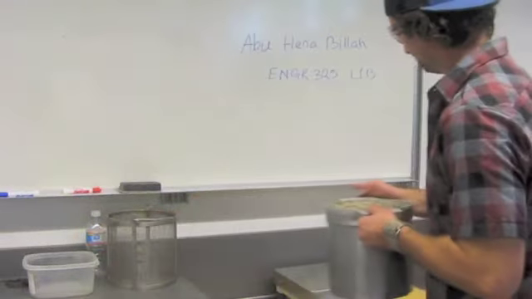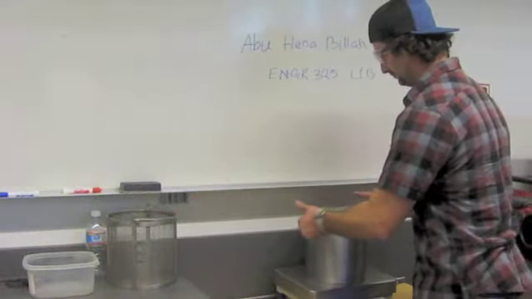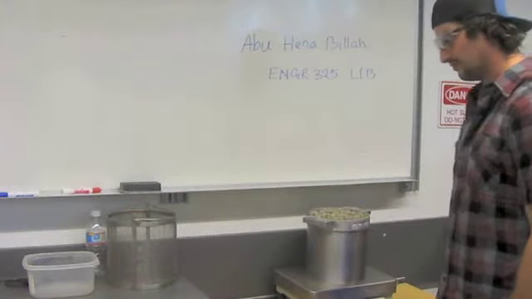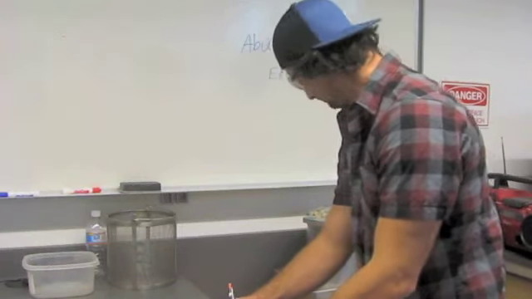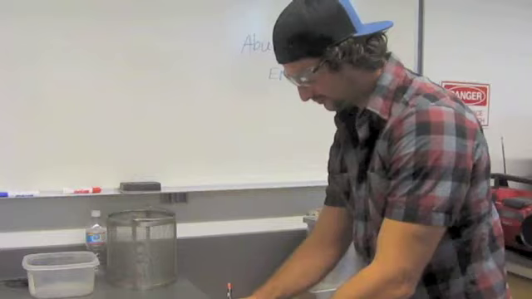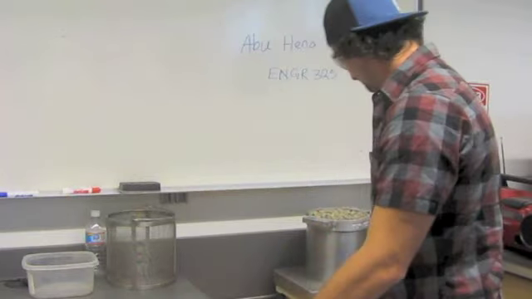Once again, you're going to weigh the measure full of aggregate. Record the weight, and now the density of the aggregate can be calculated based on this weight divided by the volume of the measure.